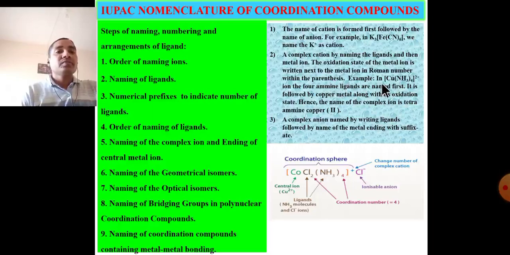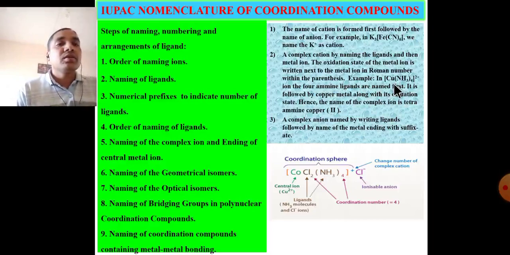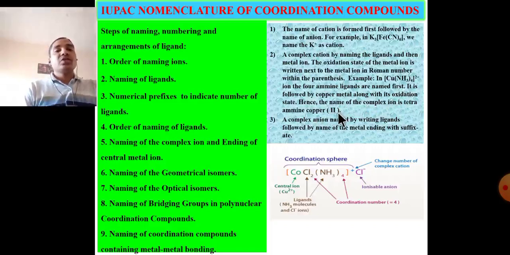Example: in [Cu(NH3)4]2+, the 4 amine ligands are named first, followed by copper along with its oxidation state. Hence the name of the complex is tetraamminecopper(II), with the oxidation state in Roman numerals inside brackets.